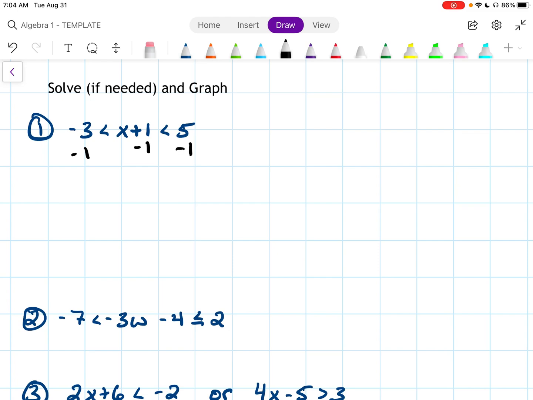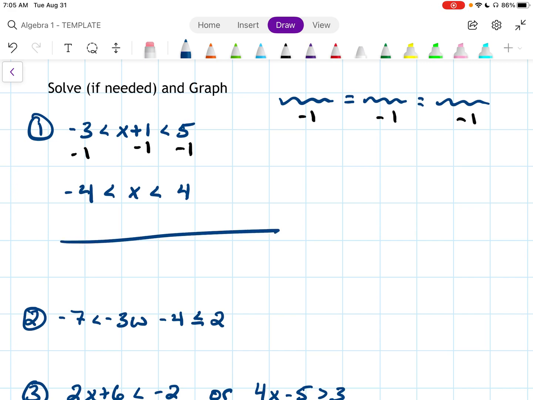Right? Because we can kind of see there's like 3 different sides, right? We have like something here, and then we'd have a symbol, something here, a symbol, something there, right? And what I'm saying is that if we subtract from the middle, we have to subtract from both edges as well. So whenever I subtract that, I get negative 4 is less than x is less than 4.